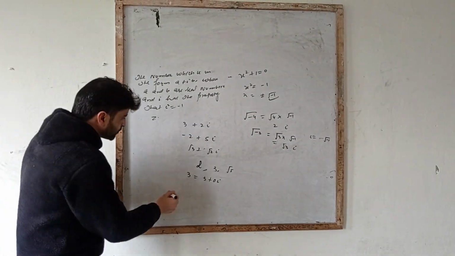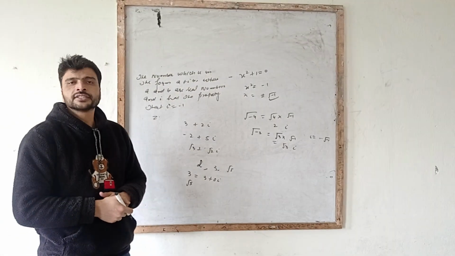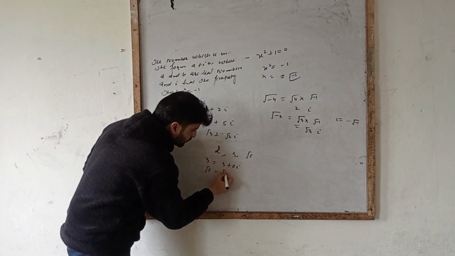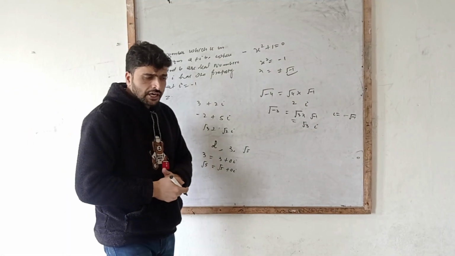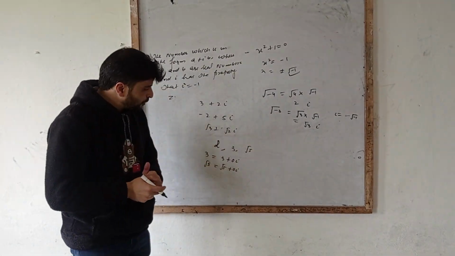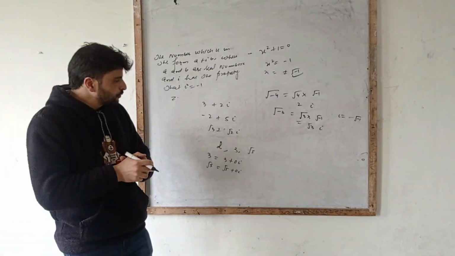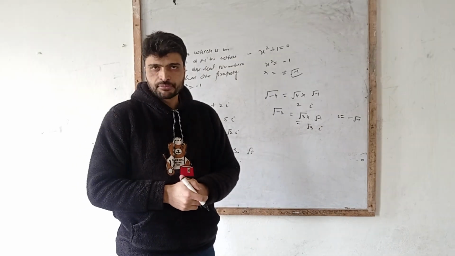Let me give you one more example, root 5. Is this root 5 a complex number? The answer is yes. How? Because we can put it as root 5 plus 0i. So any real number can be put in the form of a plus ib. From here we can conclude that if a is a real number, then a is also a complex number.